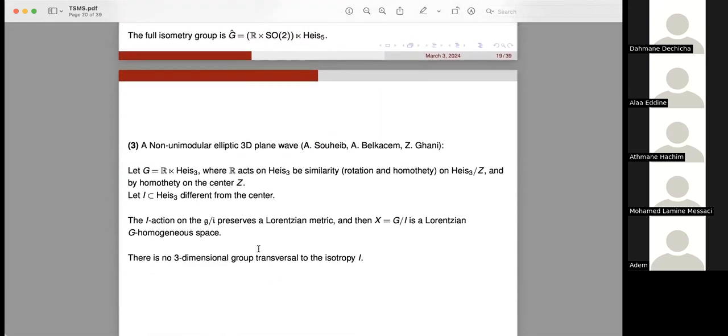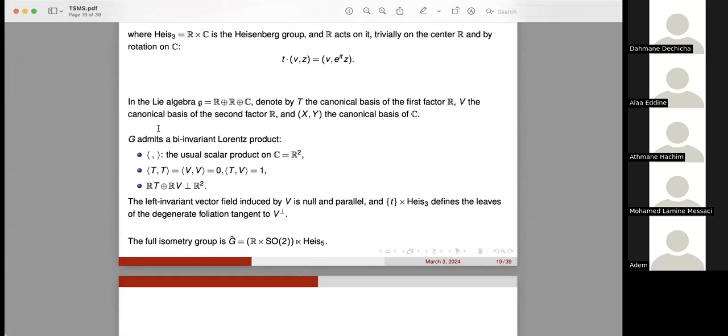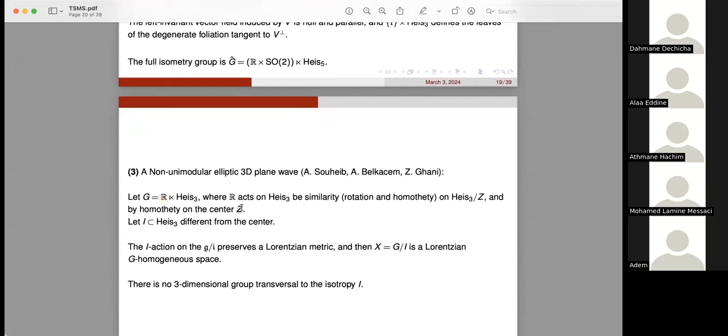Another example, which is not a Lie group, you can find in the paper on three-dimensional homogeneous plane waves by Abdelghani Zeghib and Zeghib. Here, the group is the same. Well, no. I have an R extension of Heis 3, but here R acts by a homothety. Before, R acted trivially on the center. Here it acts by a homothety on the center.